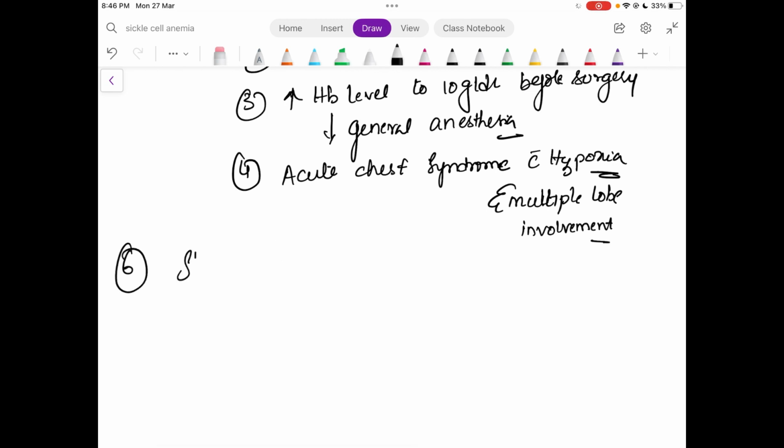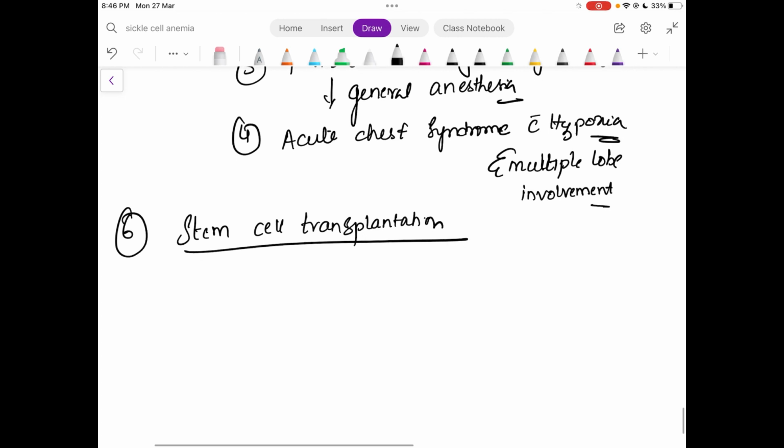Next treatment is stem cell transplantation. If you have proper matching, then you can do stem cell transplantation, and it is a definitive cure.